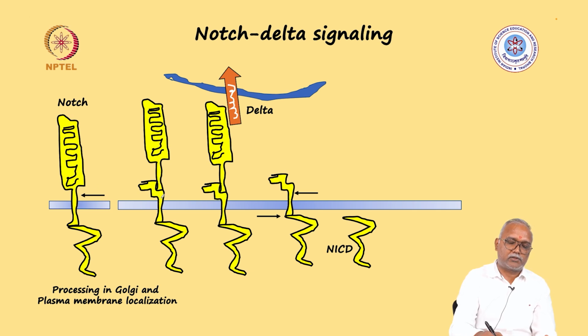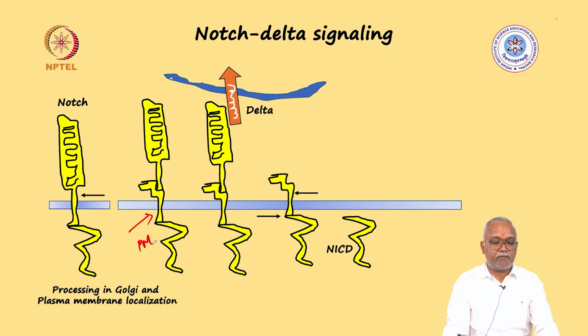So before Notch as a receptor moves to the plasma membrane, from the Golgi network it is processed by proteolytic cleavage and this molecule is now put onto the plasma membrane.